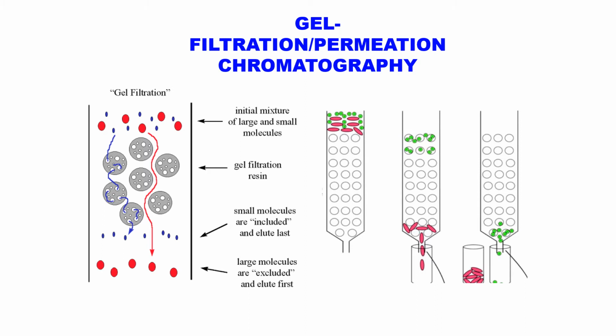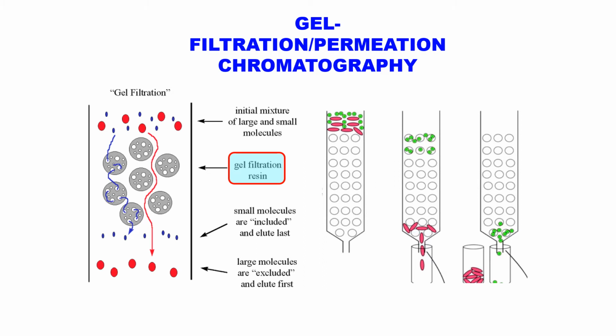So first of all, gel permeation or gel filtration chromatography is conducted in a column, unlike thin layer chromatography where sheets are used. So these glass columns have the resins or beads which are porous, which are shown as gray in here.